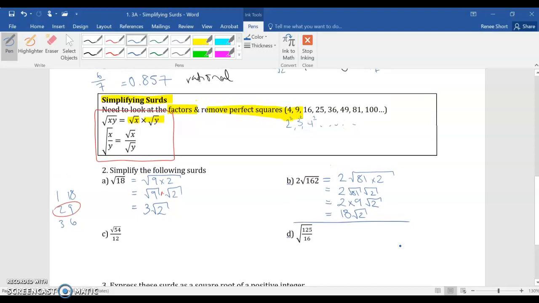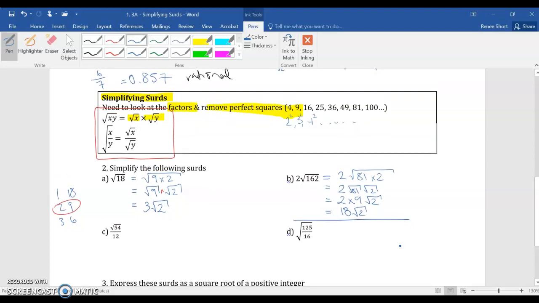If we look at C, this time we've got root 54 as the numerator of our fraction and just a whole number 12 as the denominator. So if I simplify this numerator first, 54, there's lots of different factors that you might think of. I'm going to go with 9 times 6 and just rewrite it to start with as root 9 root 6 over 12.